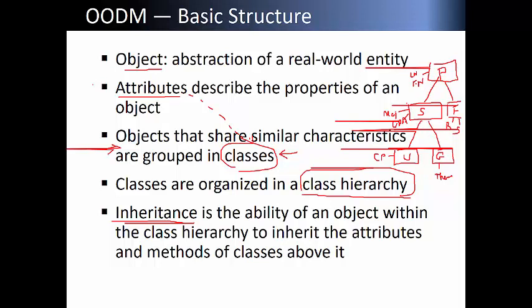A function defined at the level of students can be available to graduate students and undergraduate students. So both structural and behavioral, both attributes and functions or methods, can be inherited. That is code reusability. So there are a lot of good features available in object-oriented databases.